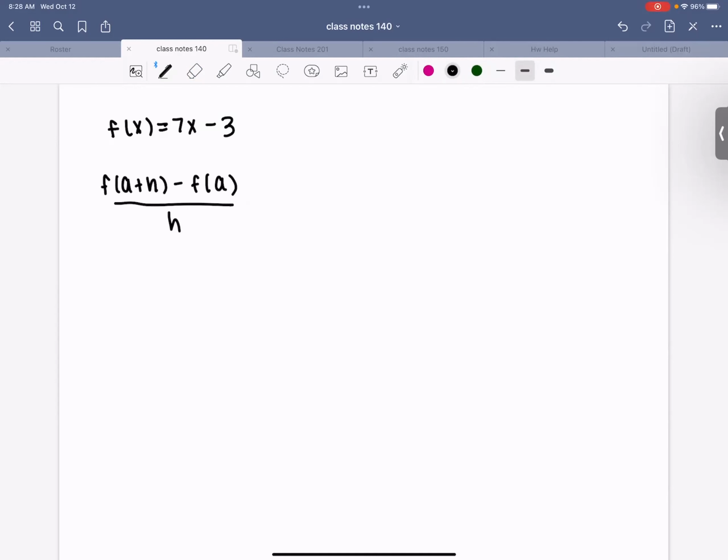This is something that you plug in very often in calculus, which is why WebAssign asks it. Since we have two things being asked, why don't we just find what each of the parts are? Taking a look at my function, what do you think f of a plus h would be? How would I plug that in?